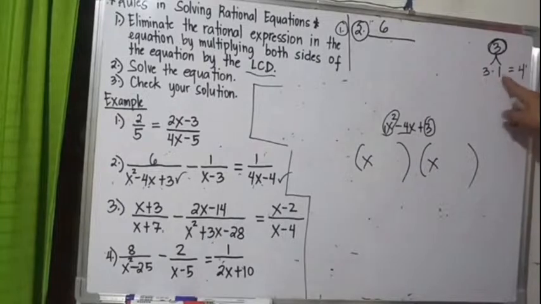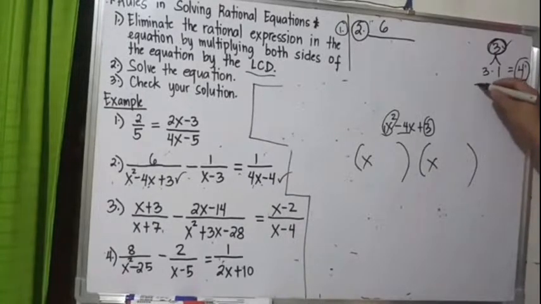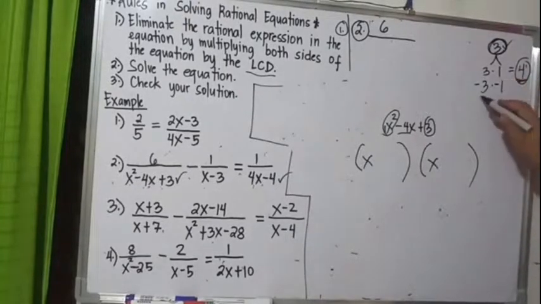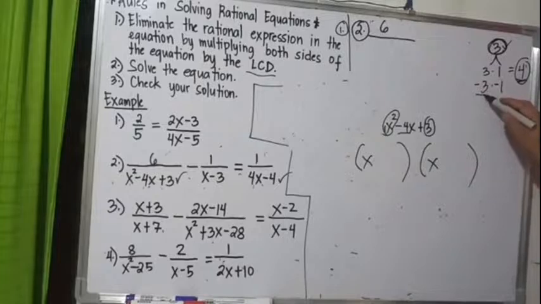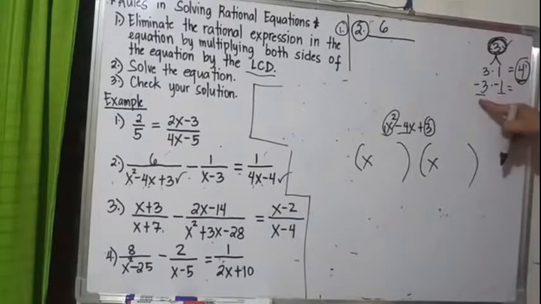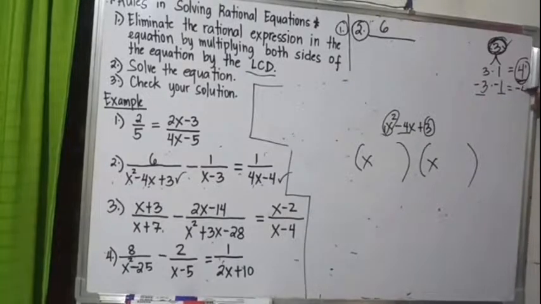Okay, so 3 and 1, pag i-multiply natin ito, the result is positive 3. But if we add the two numbers, the result is 4. Next, ano pang factor ng positive 3? Okay, that is negative 3 times negative 1. Diba, if we multiply negative 3, back to basic muna tayo. Negative 3 times negative 1, ang result niyan is positive 3. Then, if we add these two numbers, the result is negative 4.